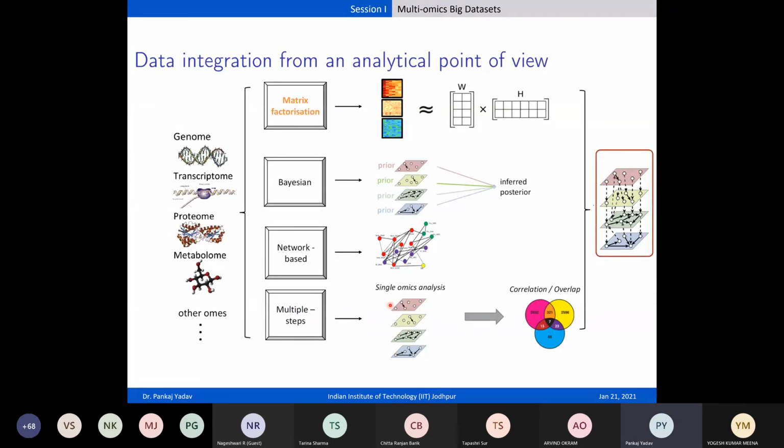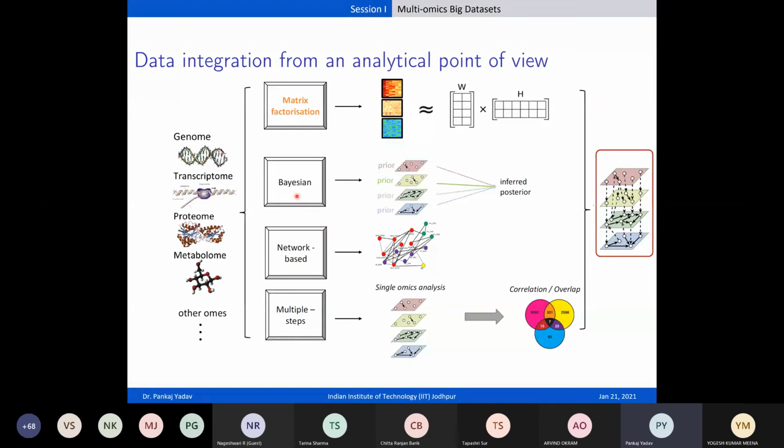Now I was talking about mixOmics, so I will quickly take you through this method that I was mentioning. As I said, there are several methods. One of them is based on matrix factorization, like mixOmics, where you have different layers of data and you do matrix factorization on this input data.